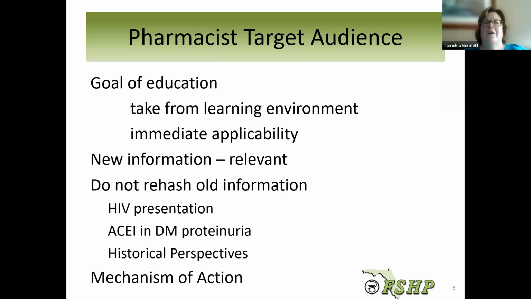The pharmacist target audience: our goal of these presentations to pharmacists is that we can learn something, and that we can learn things that are immediately applicable. This is very different than student learning. Students on this call will recognize, and those of us who are older can remember, that in school, you get a bunch of information, and then you may not see it again until the test, and then until you're in clinical practice.